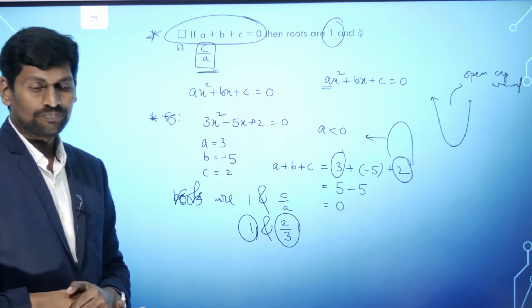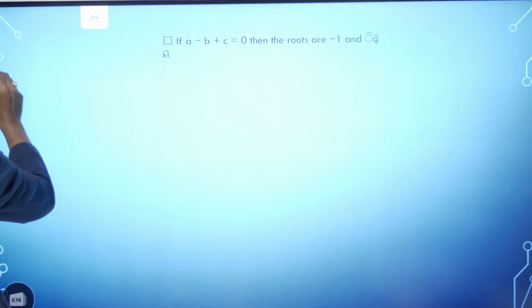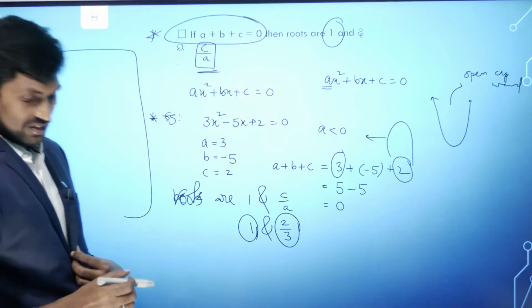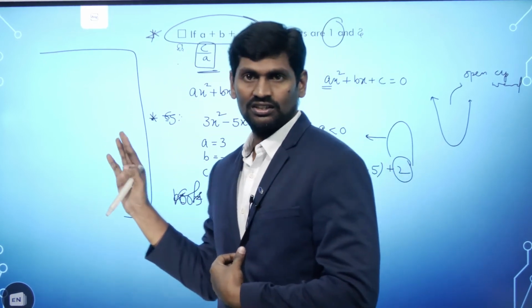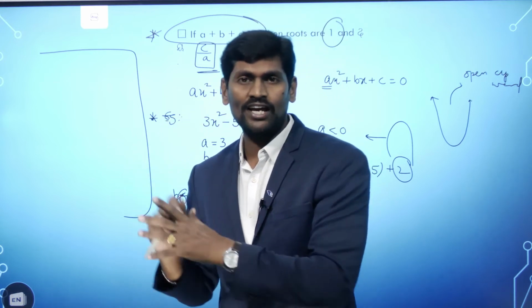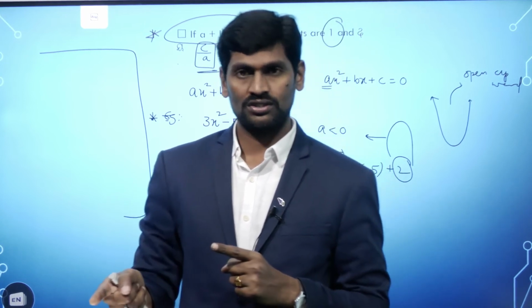Now, I will give you one example. For this example, you need to find the roots. By the same statement, you check whether a plus b plus c is equal to 0 or not. Then find the roots.